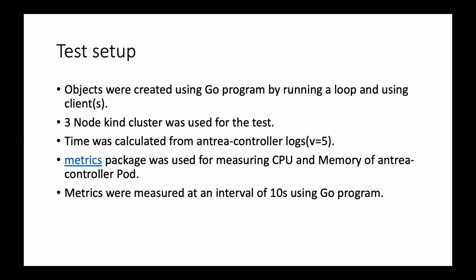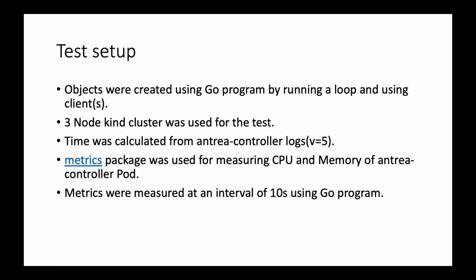When all the Antrea network policies were processed, and when you increase the verbosity of the logs, you can see that there is a timestamp when processing of network policy and applied to groups and address groups are all finished. So there is a timestamp for when all these 10,000 ANPs and external entities were processed. Then I restarted the Antrea controller pod.